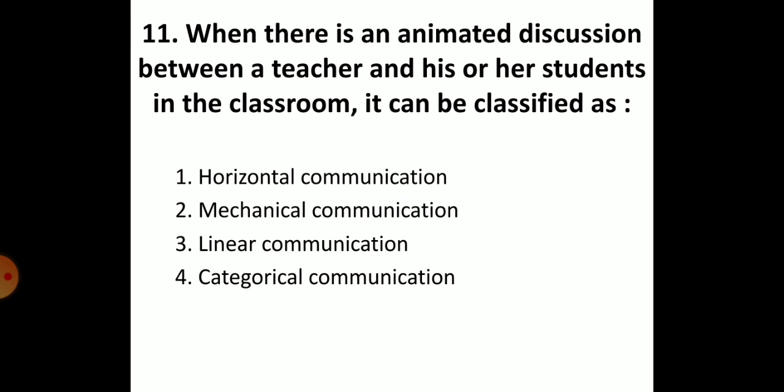Question number 11. When there is an animated discussion between a teacher and his or her students in the classroom, it can be classified as horizontal communication, mechanical communication, linear communication, or categorical communication. There is a growing realization that information flow should be horizontal in nature, in sharp contrast to the vertical or top-down approach, which talks at people rather than with them.